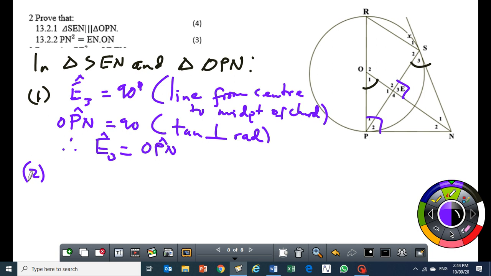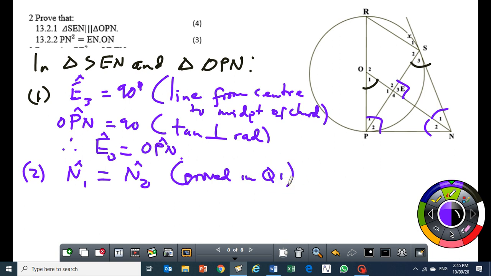Then, number two, we now have angle N. Now, angle N is this one here. That's N1. And then we have got this N here, that's N2. Now, that one, we'll just write it as N1 is equal to N2. And this you can write as proved in question 1.